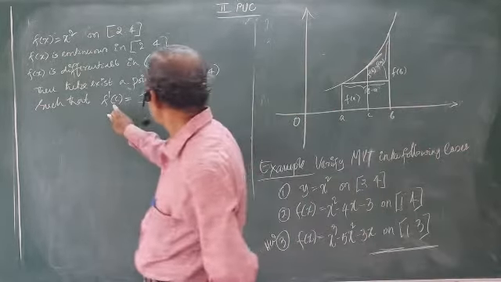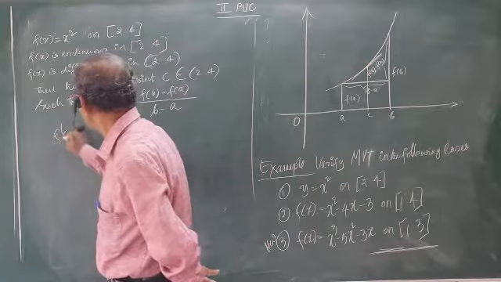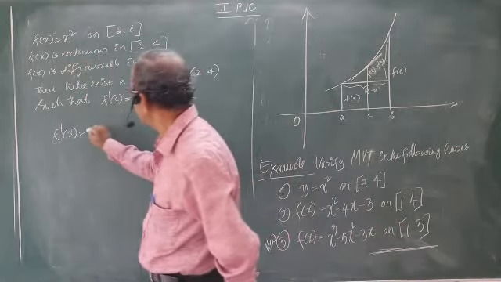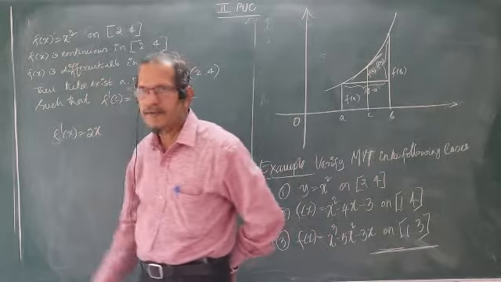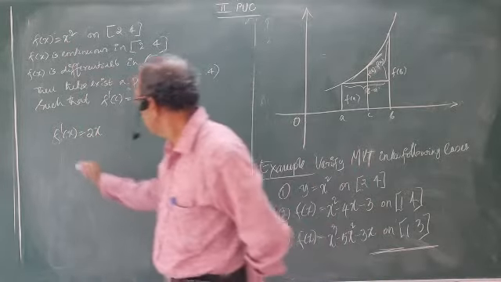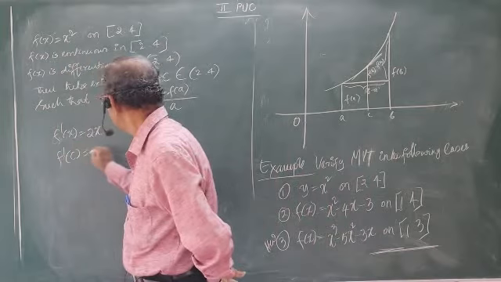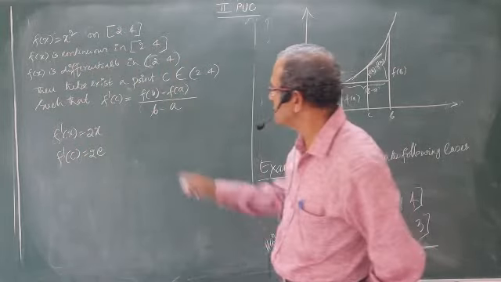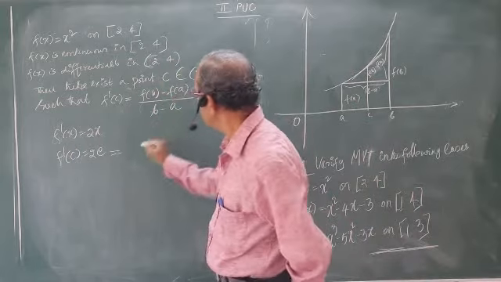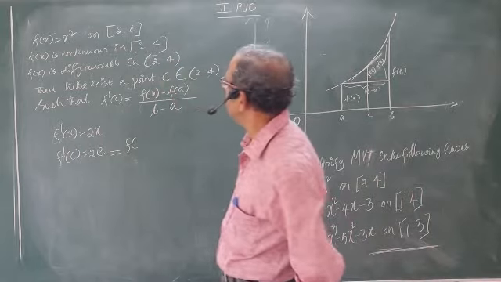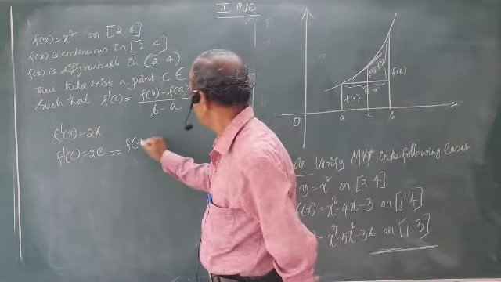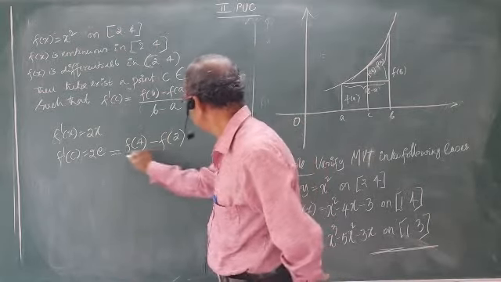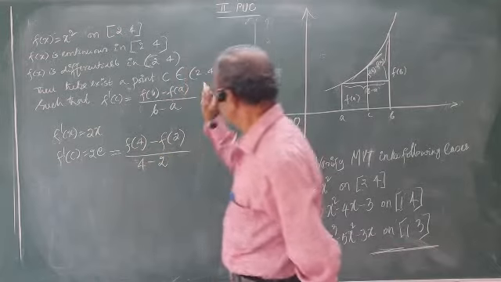Let me calculate f dash of x first, because the equation given is x square. f dash of x is 2x, derivative of x square. f dash of C is 2c. Now this is equal to f of b, f of 4, minus f of a, f of 2, divided by 4 minus 2.